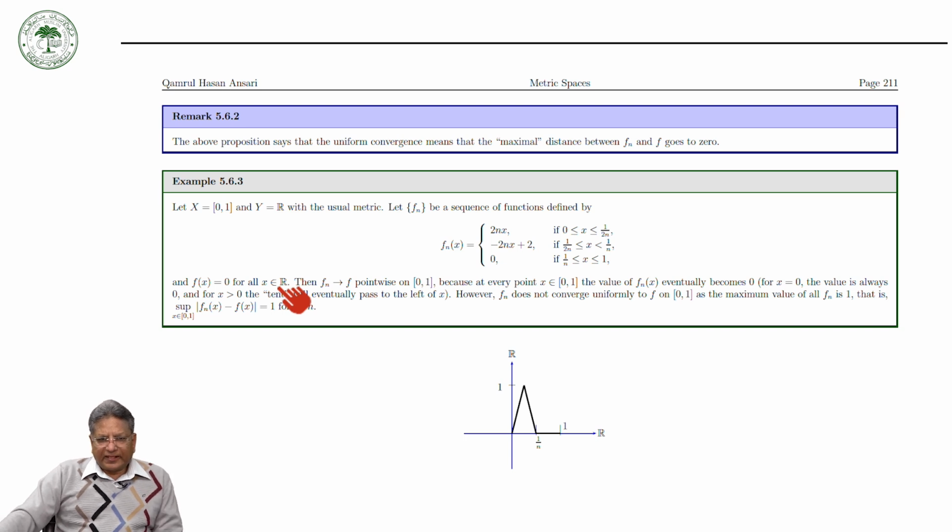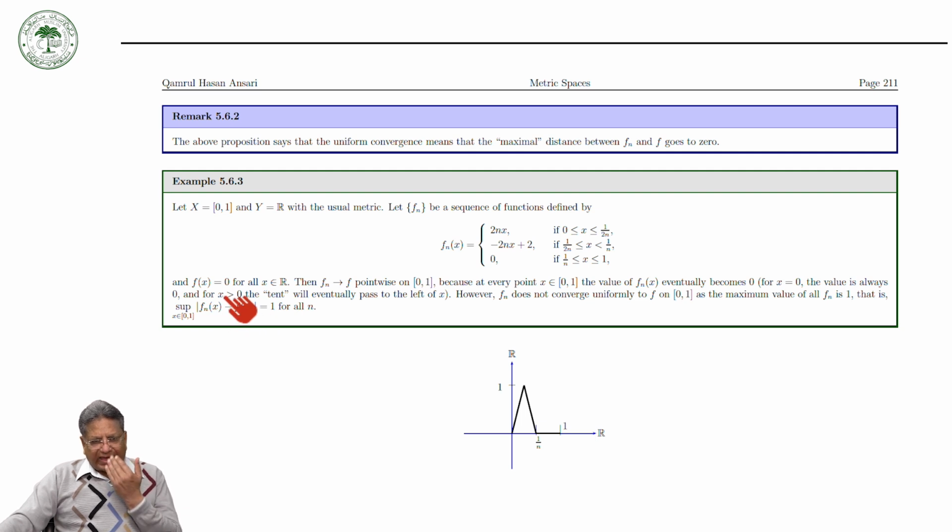Okay, then we see that Fn converges to F pointwise on the closed interval [0, 1], because at every point x in the closed interval [0, 1], the value of the function Fn(x) eventually becomes 0 as n tends to infinity. So for x equal to 0, the value is always 0.